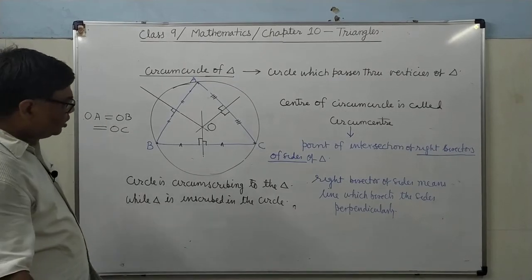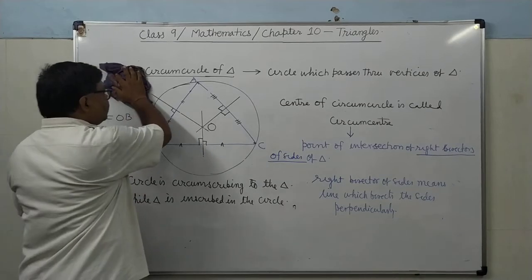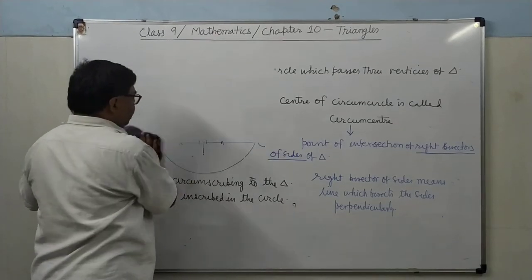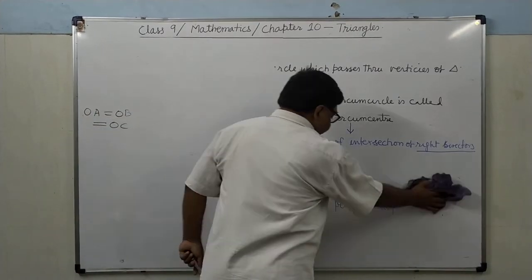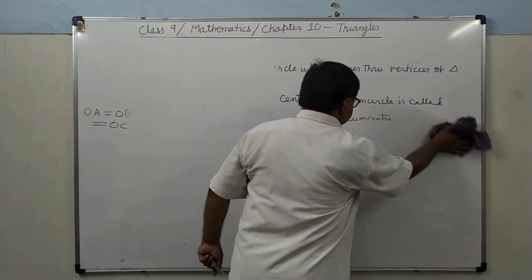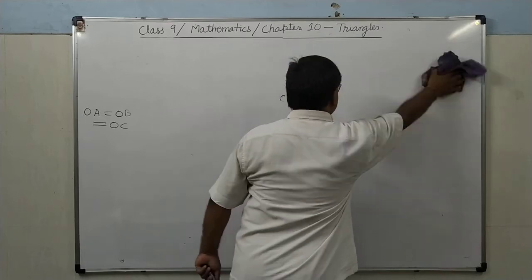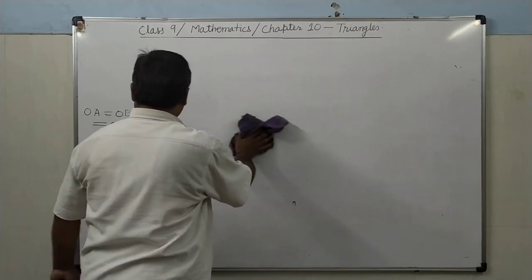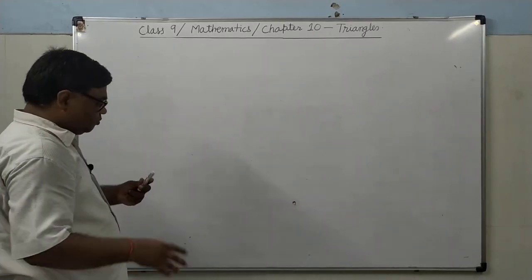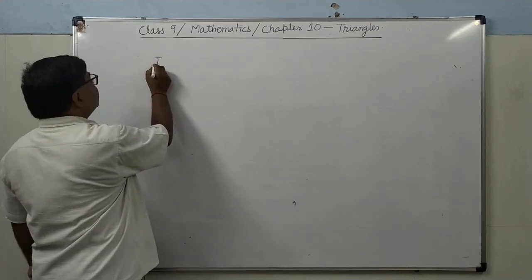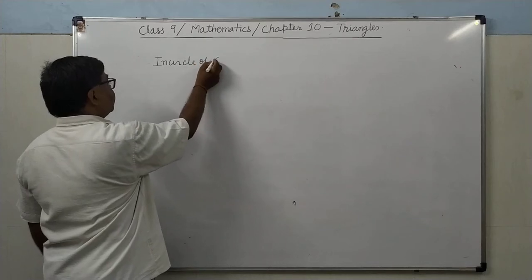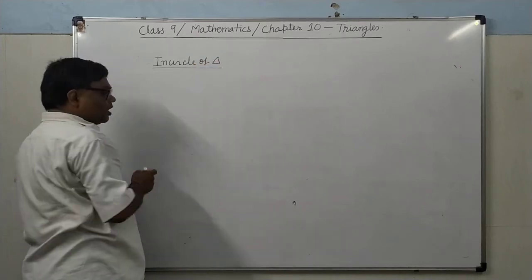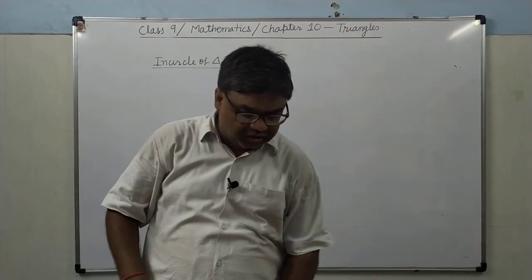Now see here, what is the incircle of the triangle? Incircle of the triangle. See, I am drawing one incircle. This is the circle. Here, this is the incircle.